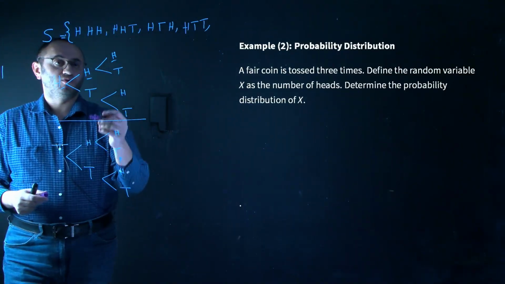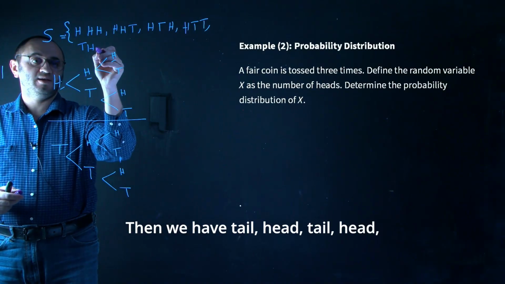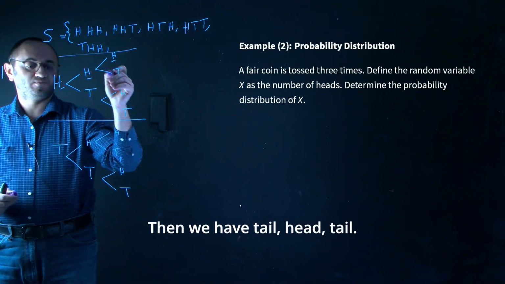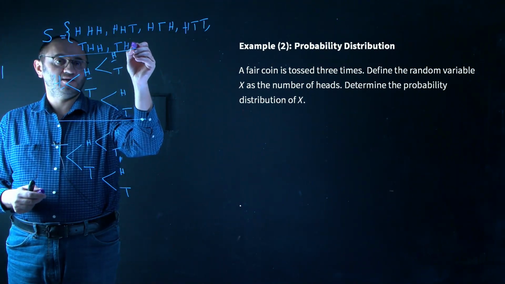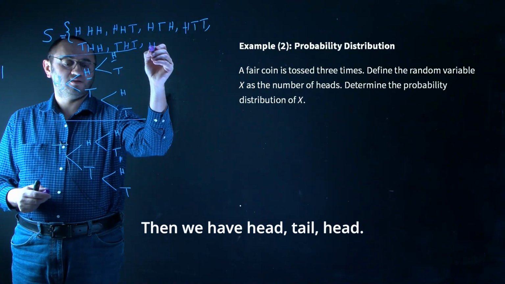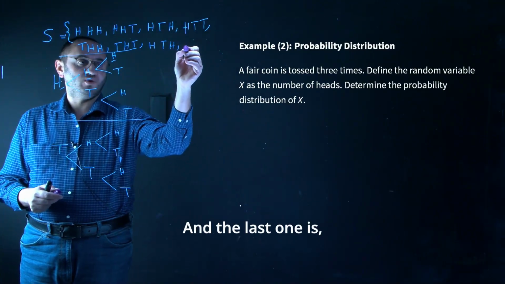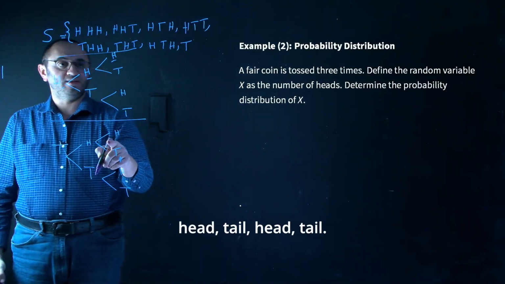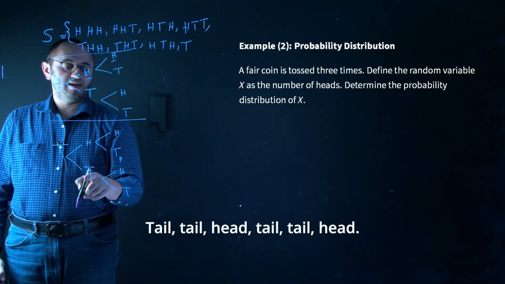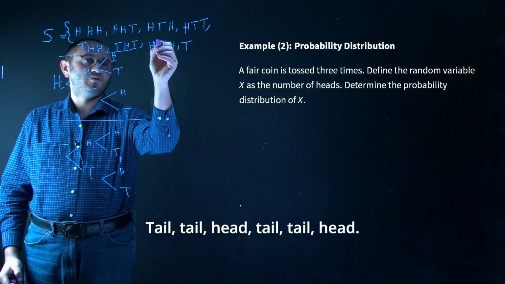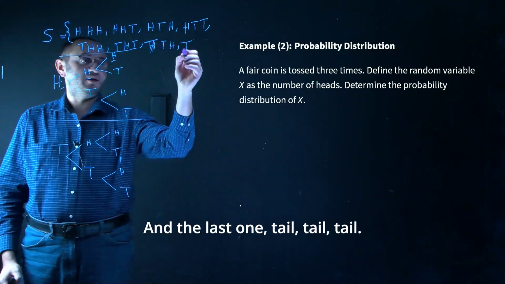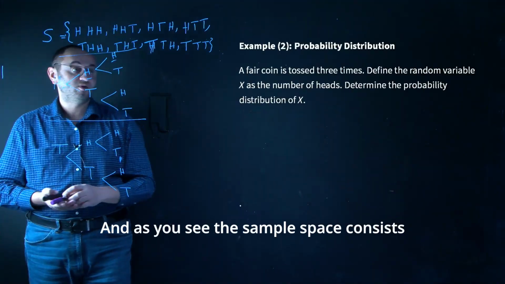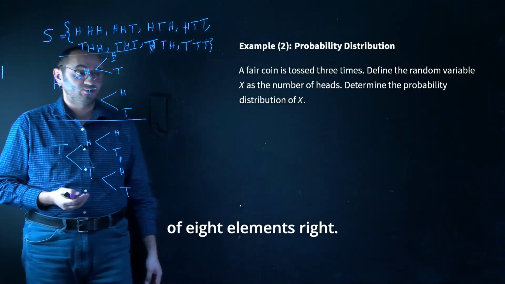Then we have 4 more: tail, head, head; tail, head, tail; tail, tail, head; and the last one, tail, tail, tail. This is our sample space, and as you see, it consists of 8 elements.